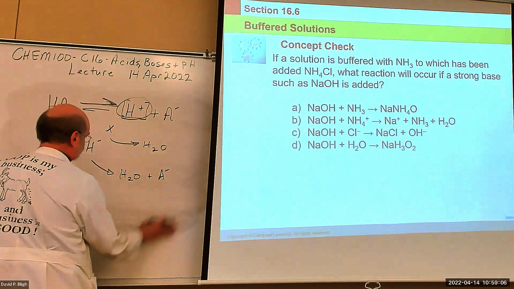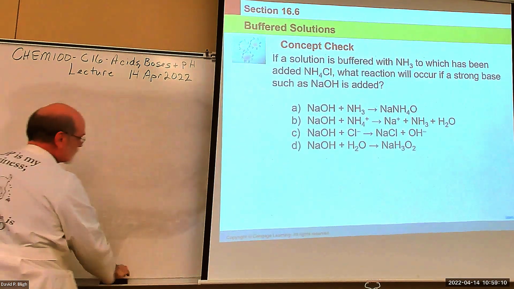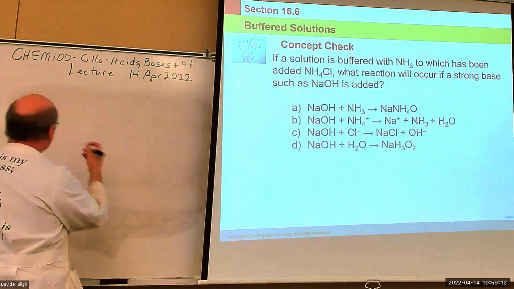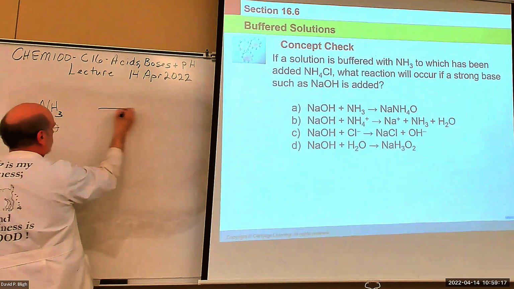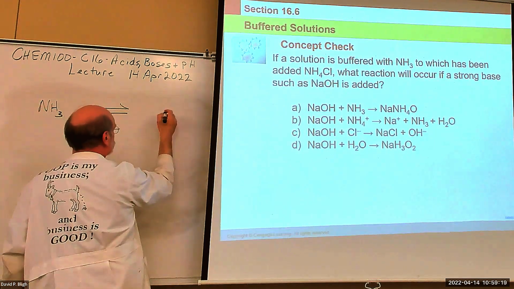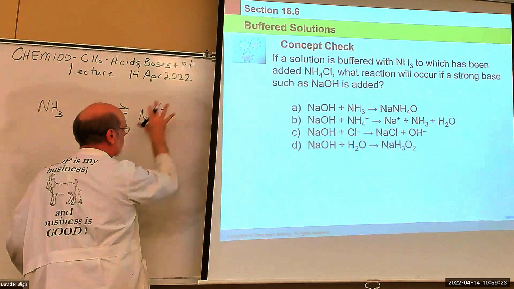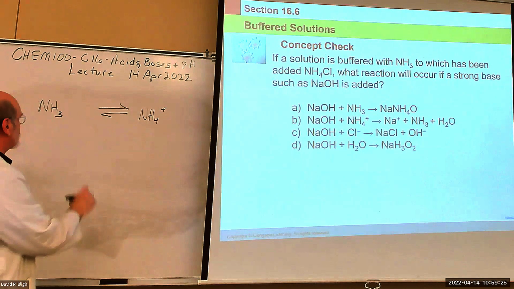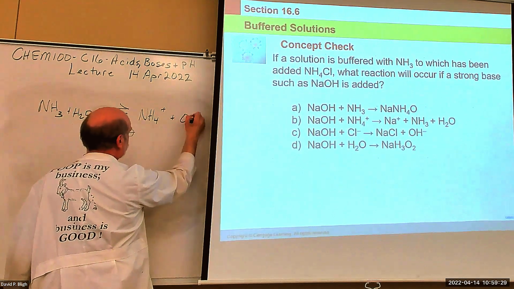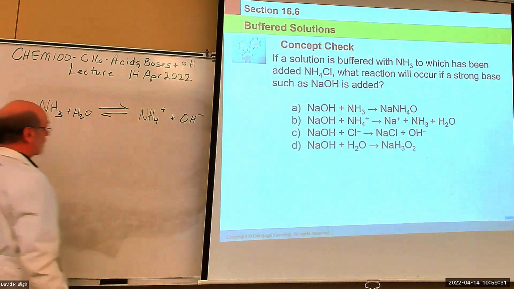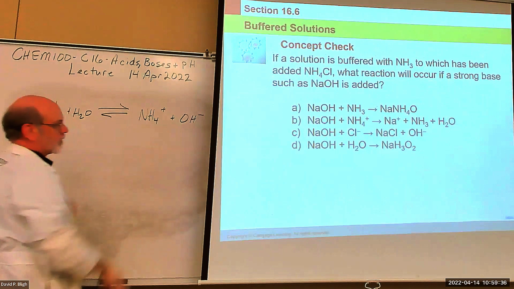So if we have ammonia here, and we're going to add ammonium chloride, that makes ammonium there. Okay? So this reaction then goes that way and that way. Right, so we've added some of this together. Now we have our equilibrium situation set up.